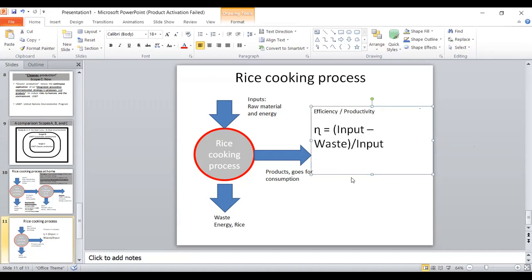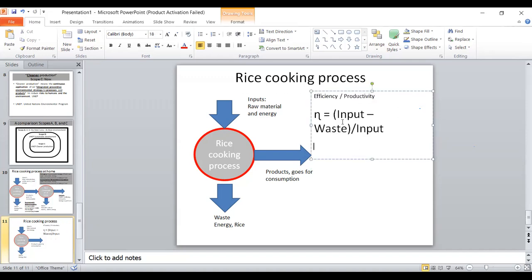Very simple. Even for water, you can write this the same way: input minus losses means the used or the useful, divided by input.